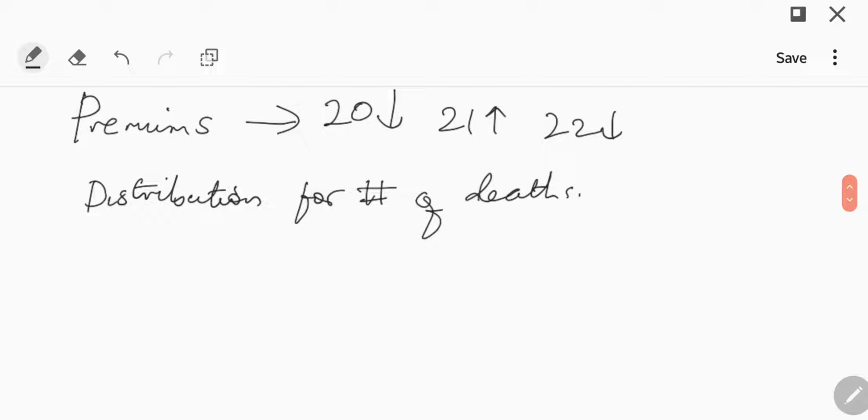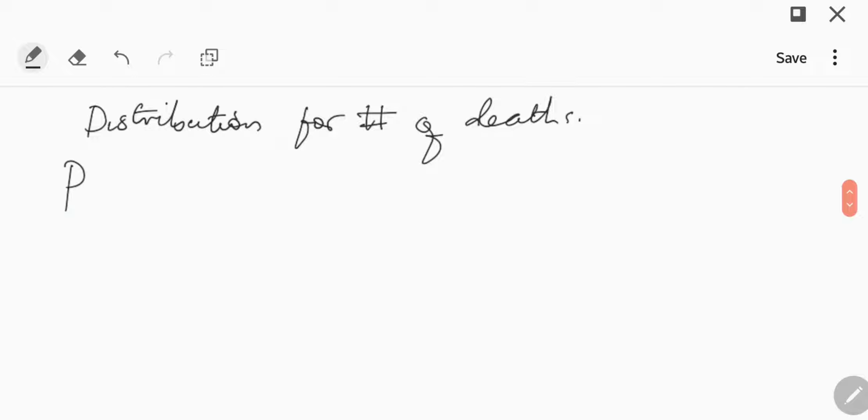One way I can assume is that the number of deaths follow a Poisson distribution. So I'm trying to create the distribution to smoothen out based on the crude rates. If I'm assuming a Poisson model, I can very well see that the number of deaths at age x is following a Poisson distribution.